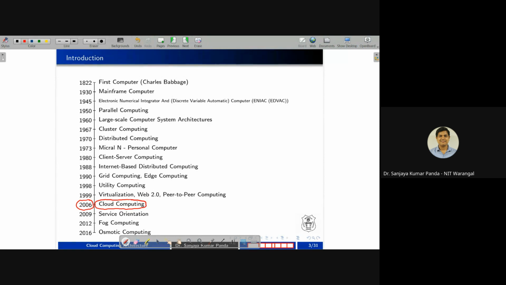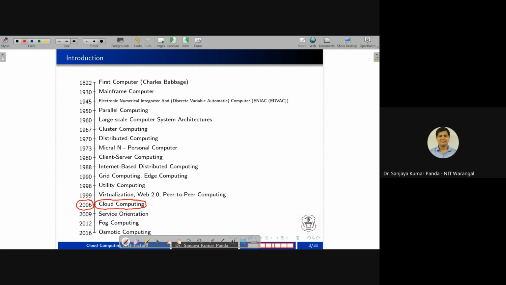In fact, we have also seen different types of computing that are considered the backbone of cloud computing. Similarly, after 2006, there are also some successors of cloud computing. Here you can see I have listed 3, but there are many. They are the successors of cloud computing, which uses cloud computing as the backbone, you can say, right?